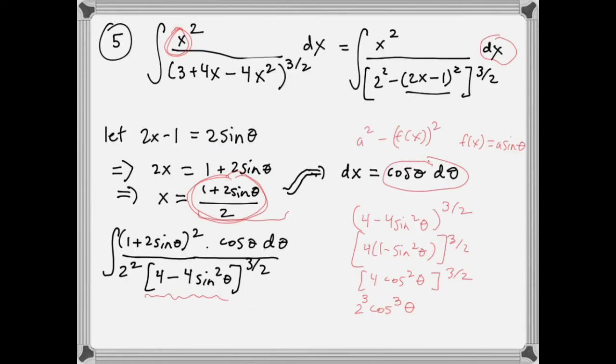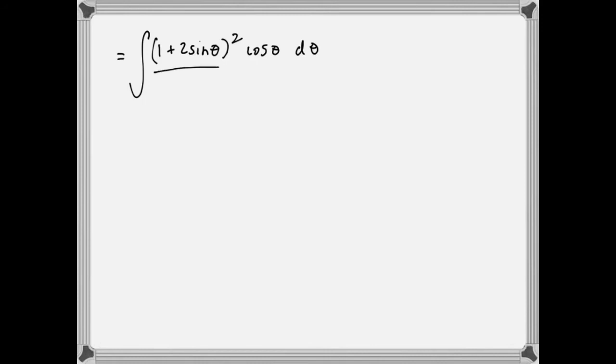And then I have a 2 squared down here, but I also have a 2 cubed. So what would that be? 8 times 4 is 32, right? So I have 32 cosine cubed theta on the bottom. Can I simplify? Absolutely. I can cancel that cosine with one of those, and that's going to become a cosine squared, right?